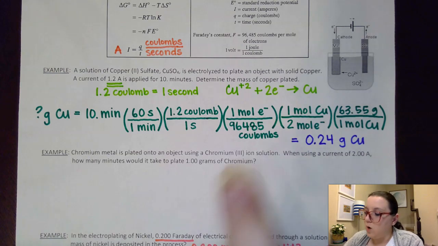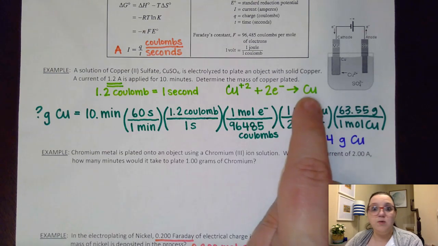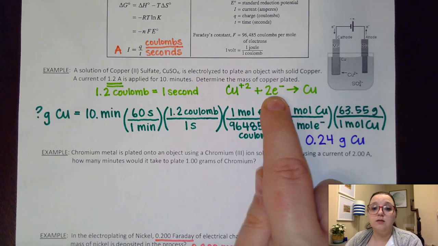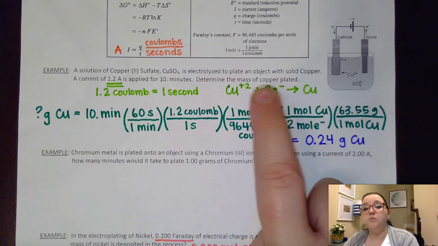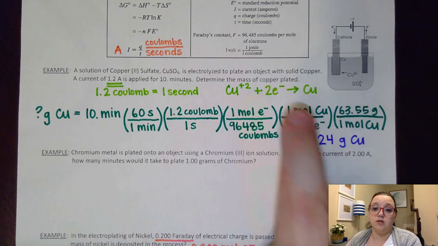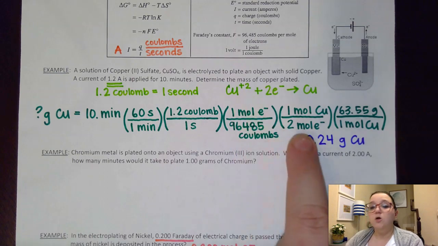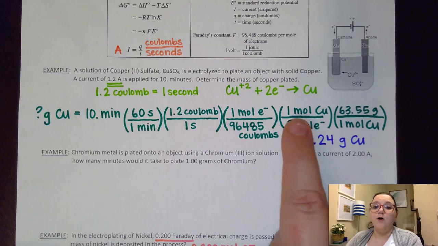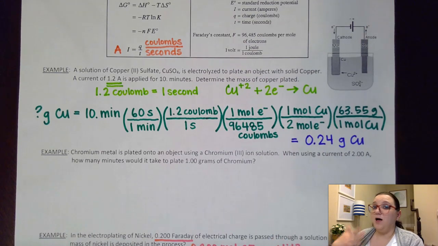For every 1 mole of copper that I'm either making or using, again, it doesn't matter which direction, it's going to be exchanging 2 electrons in order to work back and forth between the copper plus 2 solution. And so I'm going to say 2 moles of electrons for every 1 mole of copper. Well, now that I'm in moles, I get to grams by utilizing molar mass.